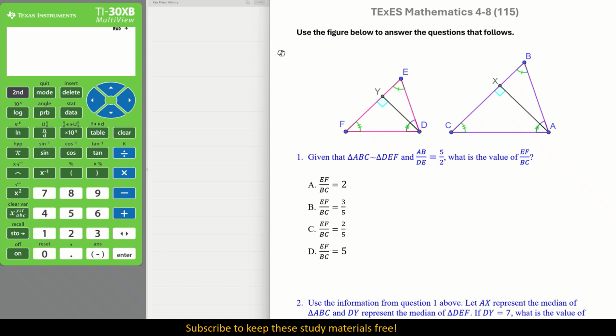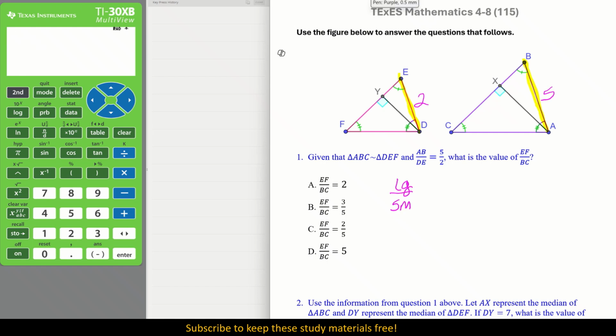They say AB to DE. So they're telling you how to correspond them. So obviously AB is 5 and DE is 2. So that's telling you we have the larger to smaller triangle. So I'm going to say large to small.